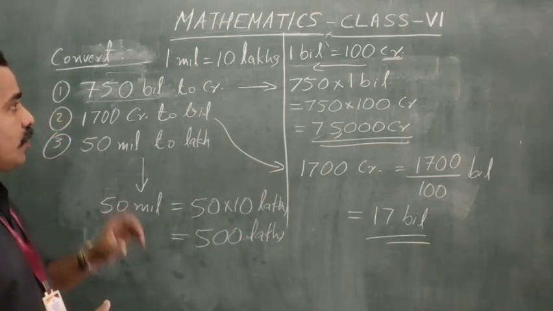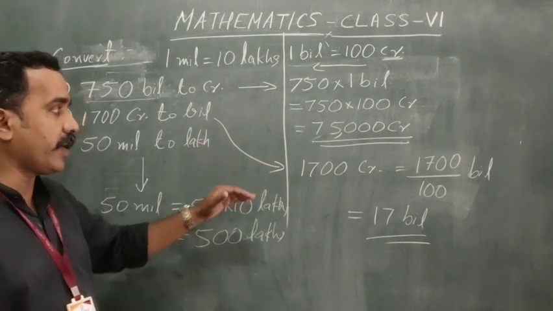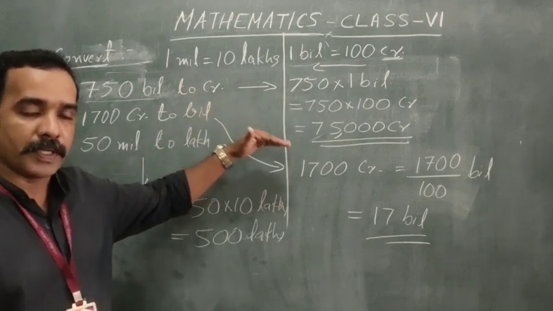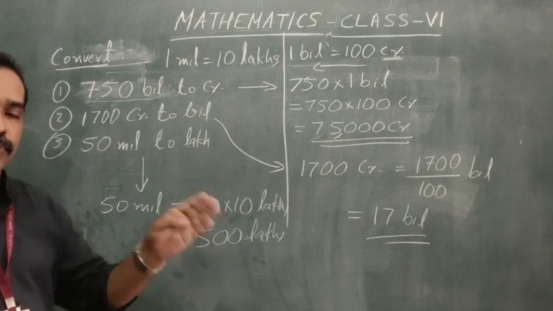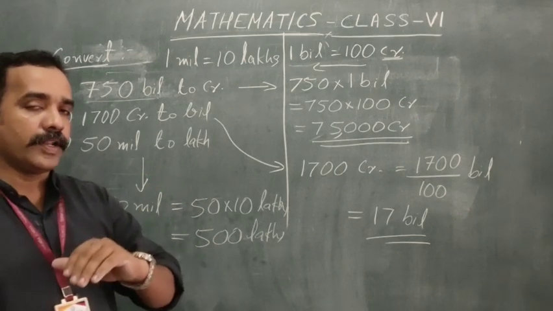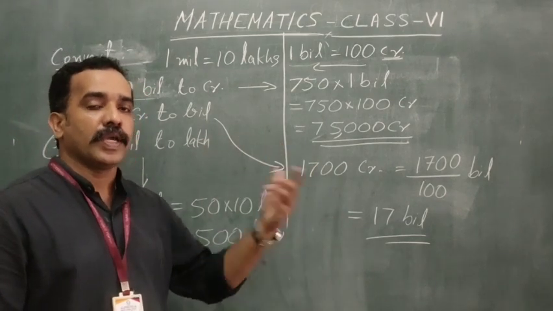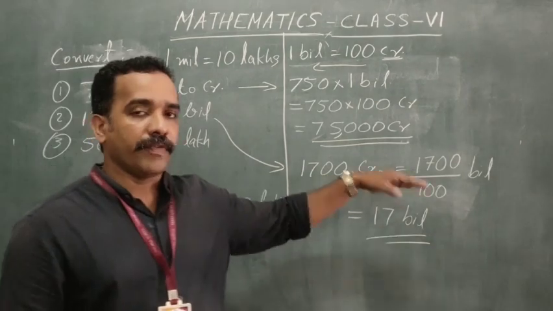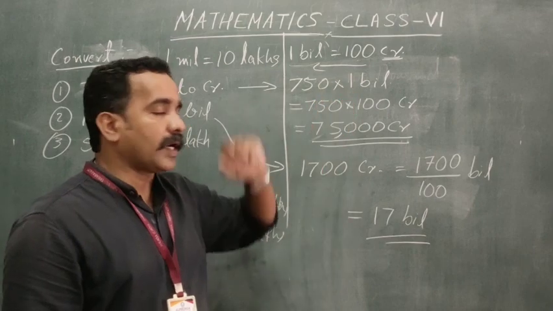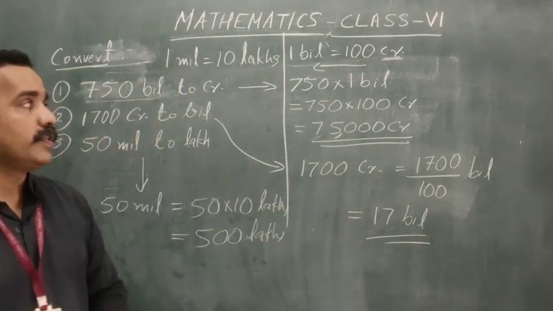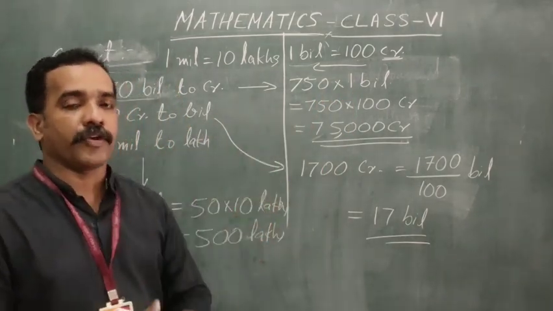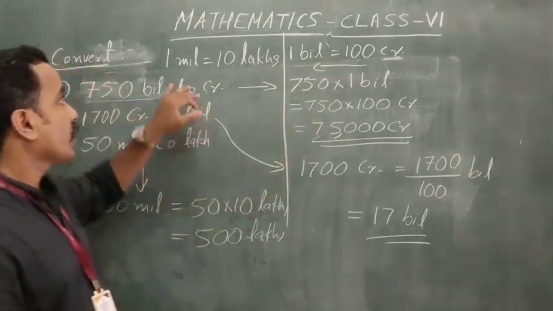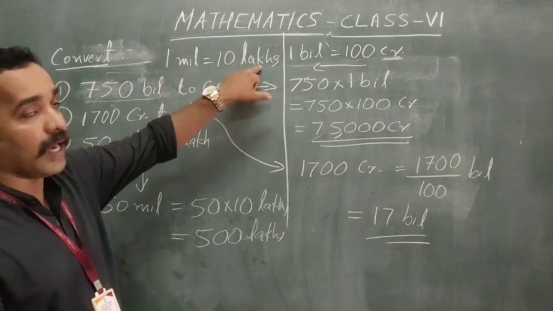In this way you can convert international place value system numbers to Indian place value system numbers, and Indian to international. Sometimes you have to divide and sometimes multiply, and which operation to use depends on this relationship. Here, 1 million to lakhs.